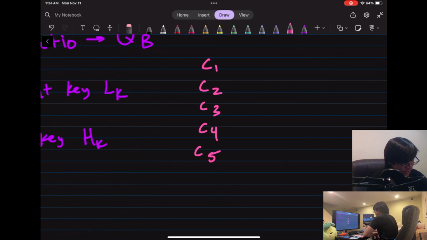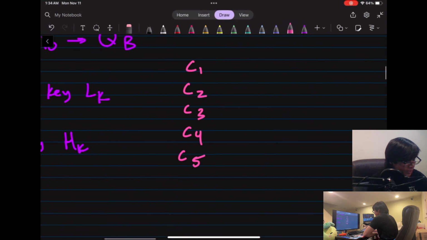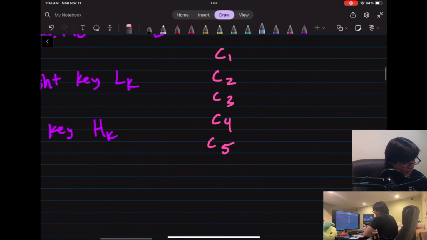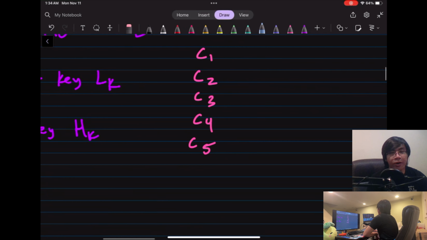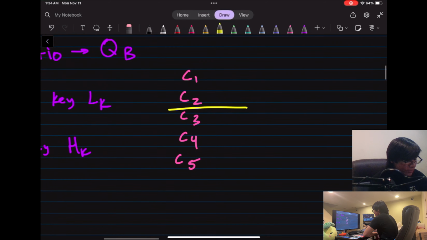I don't know if we went to C6, but essentially we separated these by choosing where our split was. You might be wondering, how do we choose this split? Well, it's determined by the pressure of our distillation column, again based on volatility.